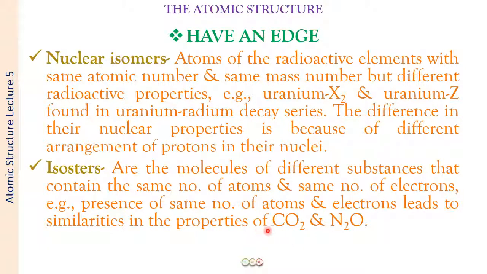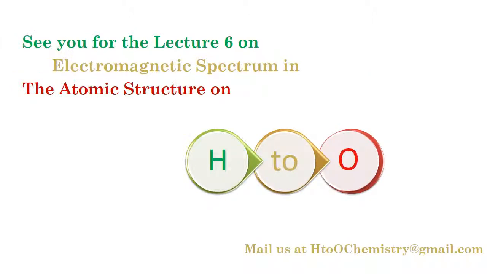Carbon dioxide has 3 atoms and N2O also has 3 atoms. If you calculate the number of electrons in both of them, they are also going to be the same. So such molecules which have the same number of atoms and the same number of electrons are called isosters. So that would be all for this lecture.